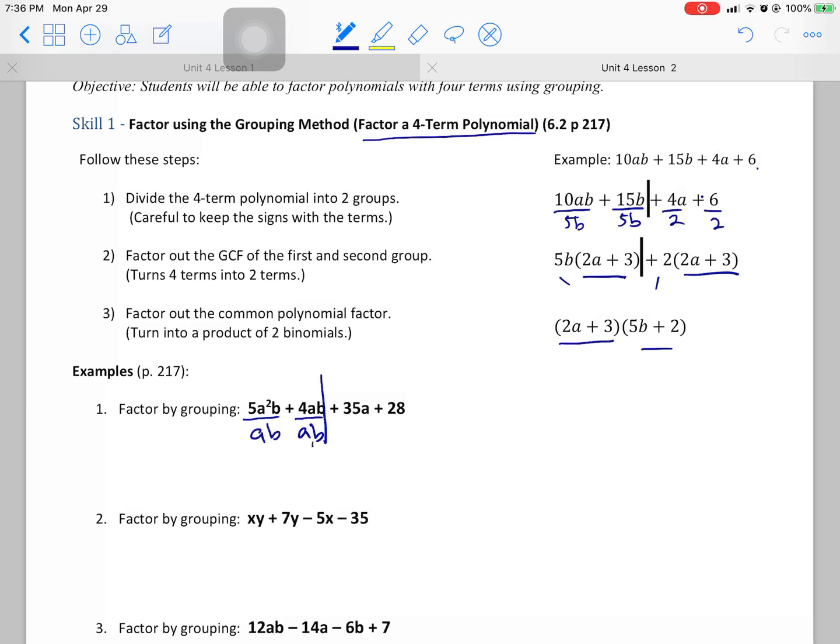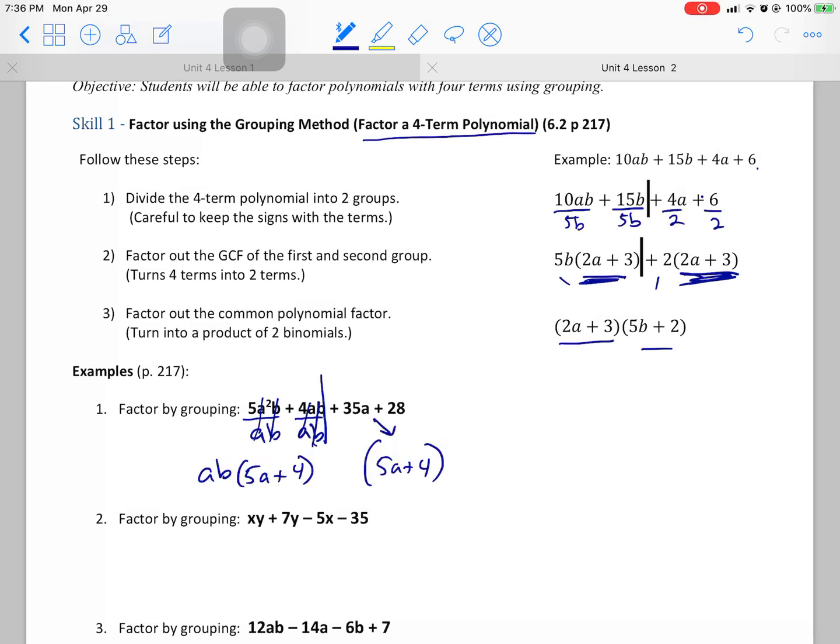This last term has an a and a b, and this term has an a and a b also. So if I take an a and a b out, what's left of this first term? A 5 and an extra a on top. You take an a, b out of this term, what's left is a 4, right? Go over here and write that down again. If I did that right, that's going to appear twice in here, okay?